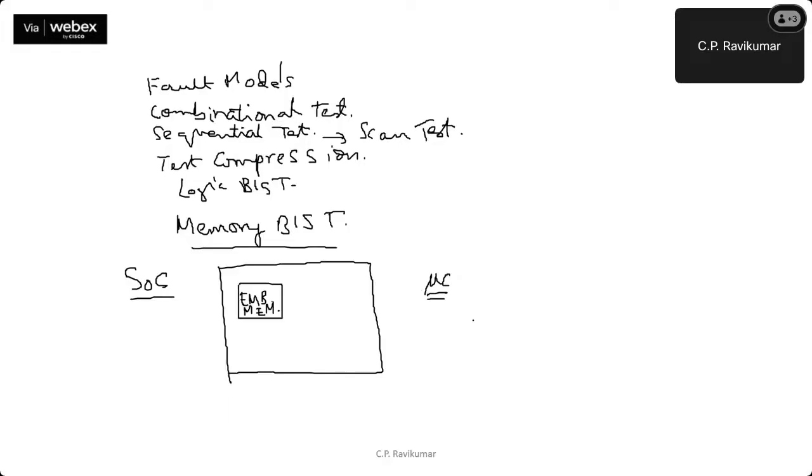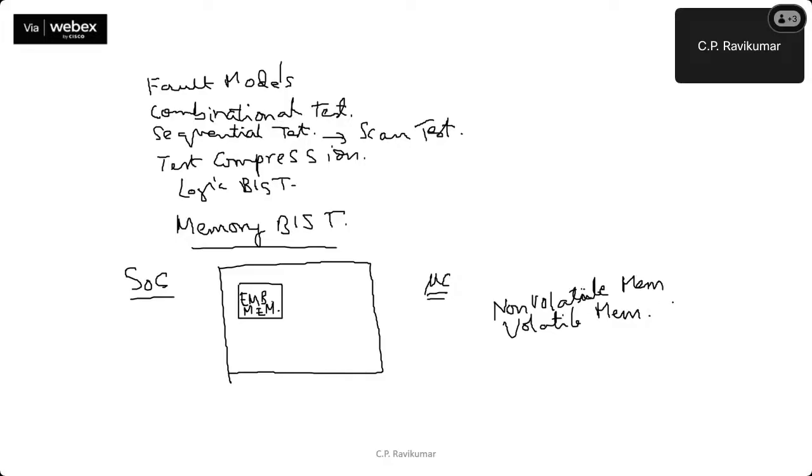And there are different kinds of memories. We have non-volatile memories. We have volatile memories. So what is a non-volatile memory?